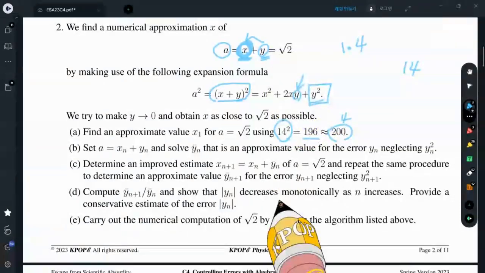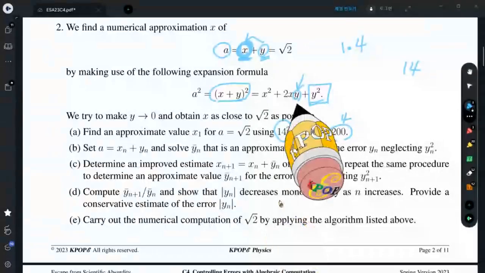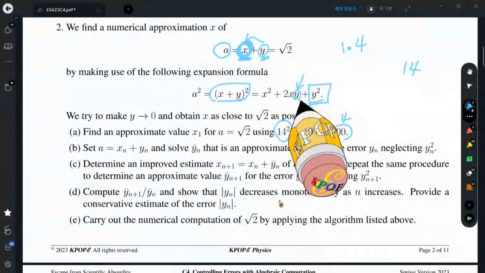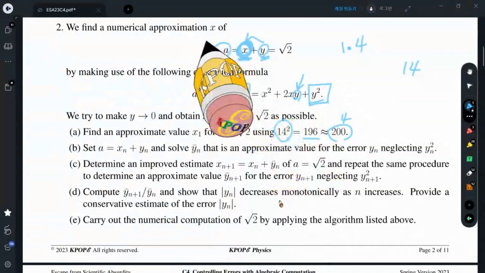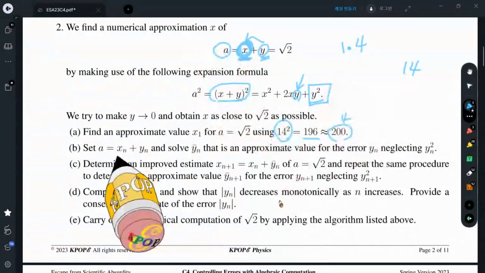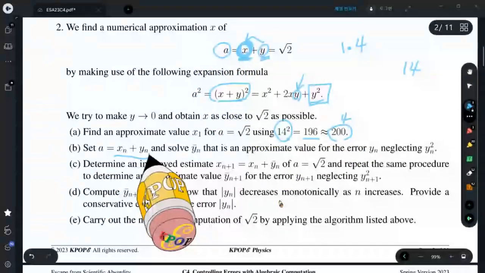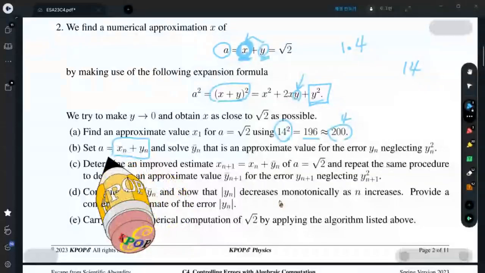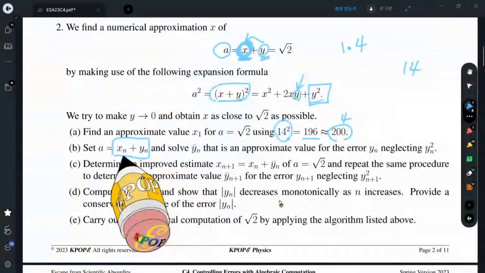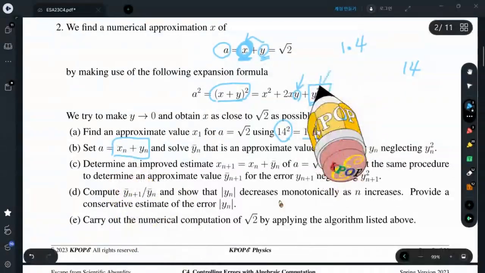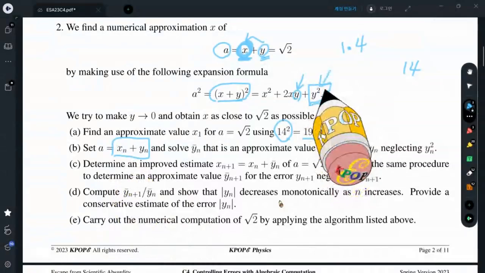So we repeat finding a better approximation by repeating this step. Therefore, it is better to introduce a sequence for step 1, step 2, step 3. As you increase the index of this sequence, this error term decreases monotonically.